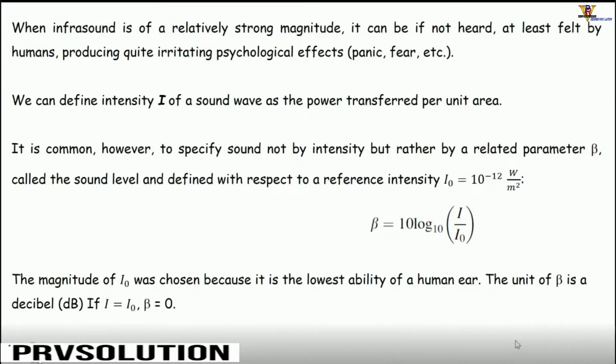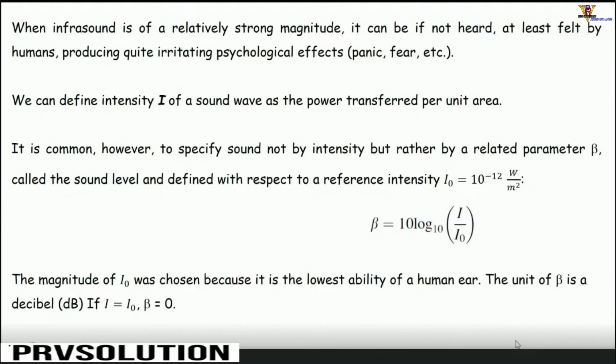Beta, the sound level, is defined in decibels as 10 log 10 of I by I naught, where I is the intensity of sound and I naught is the reference intensity. The magnitude of I naught was chosen because it is the lowest intensity a human ear can detect. The unit of beta is the decibel.